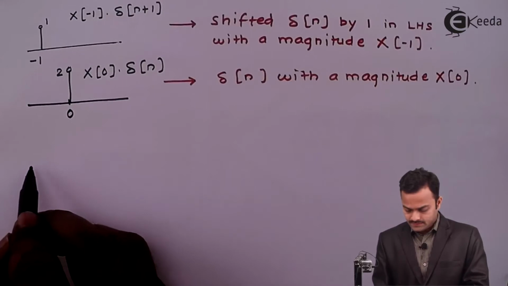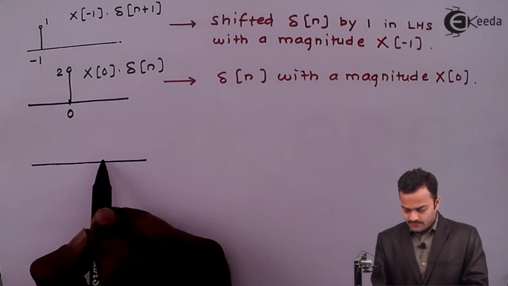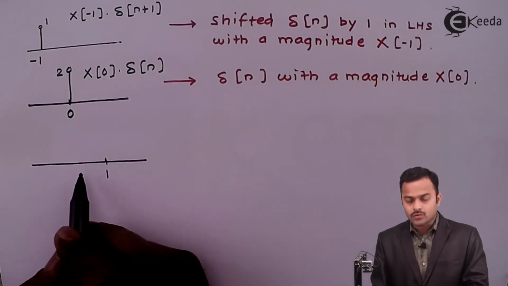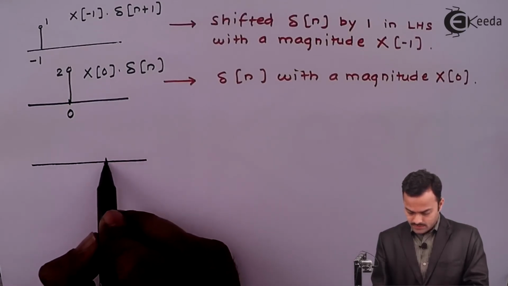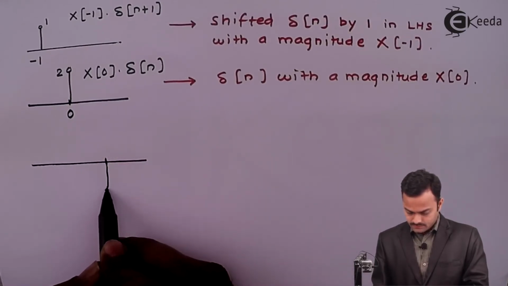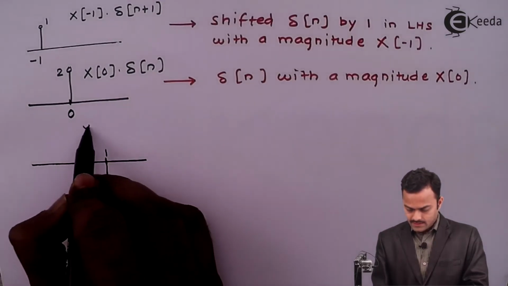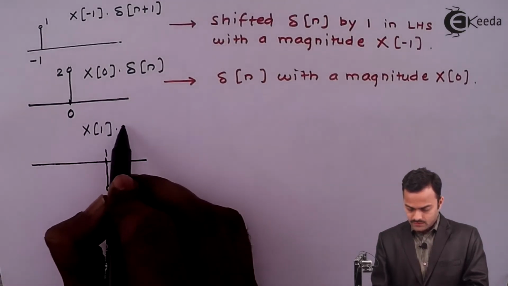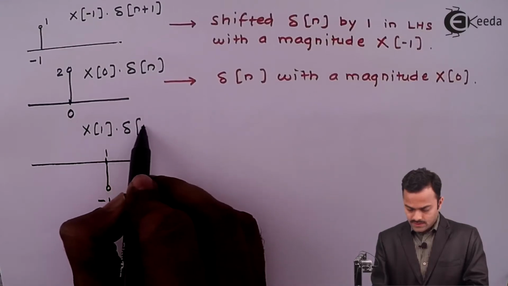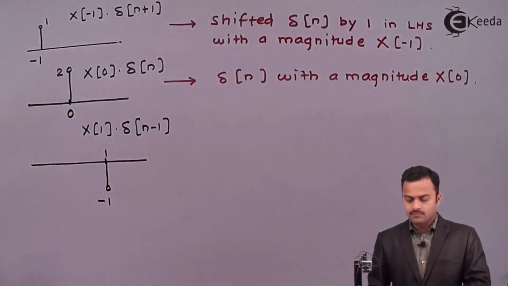And finally, I will get a value at n equal to 1, which is nothing but minus 1. I can say this is x of 1, by which delta n minus 1 needs to be multiplied.